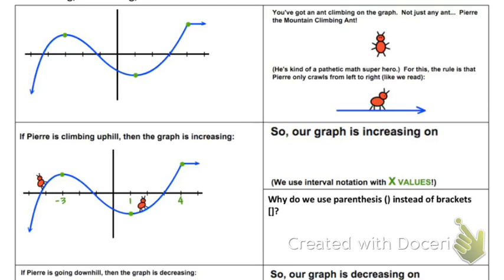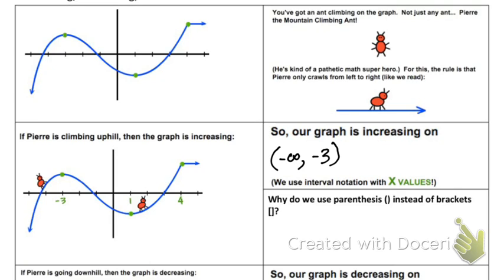So we're saying Pierre is walking uphill from here all the way to here. Using my x values, he started at negative infinity, way back there, really low. So we're increasing from negative infinity to negative 3, and we're going to use a parenthesis.